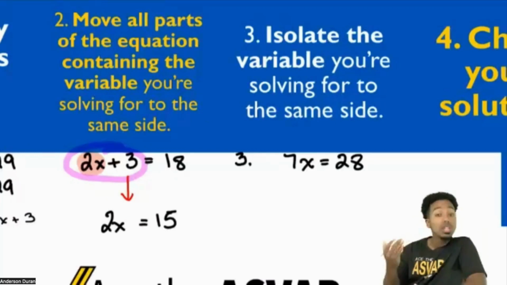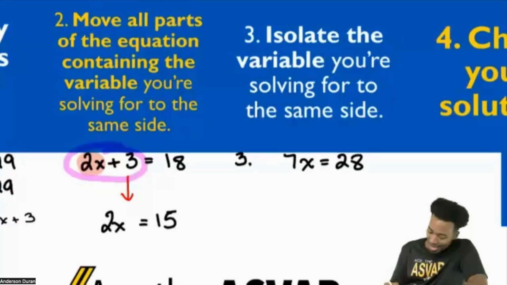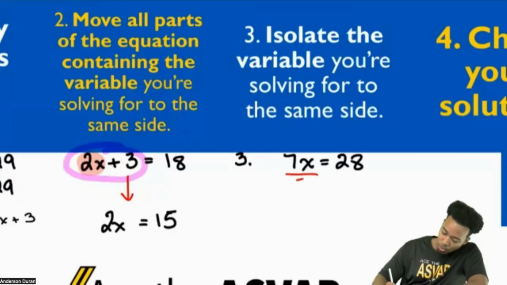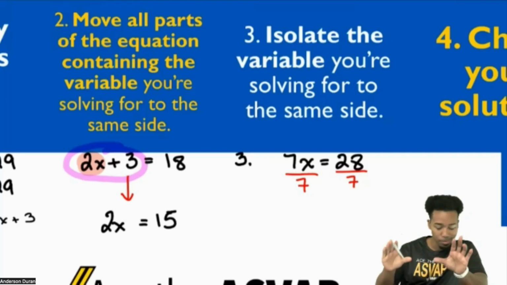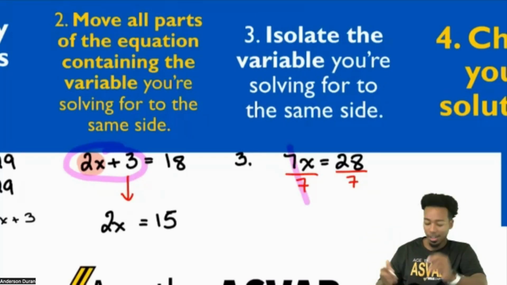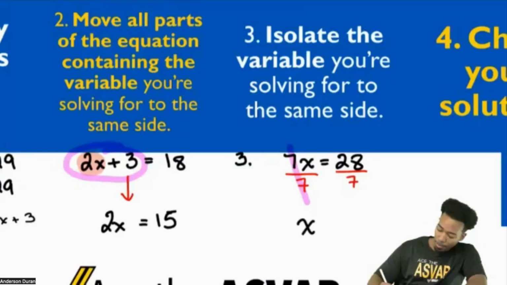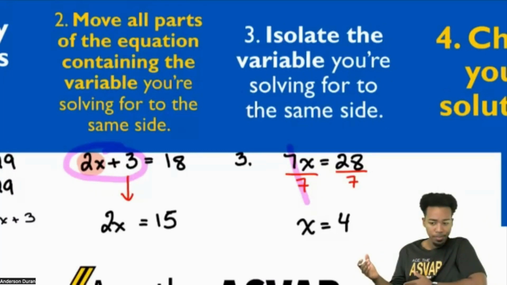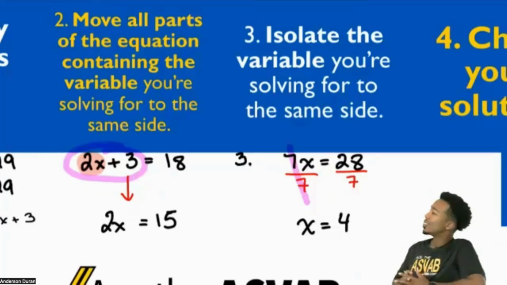And what this looks like is like saying, hey, get rid of that 7. And in this case, the way we would do that is by dividing by 7. And again, we'll get into the mechanics in a bit. But in this particular situation, we get rid of the 7 by doing opposite operations. And again, we'll talk about that in a bit to get our final answer. Right, in this case, we would have divided by 7 on both sides. But again, I'll explain more on that in just a bit.